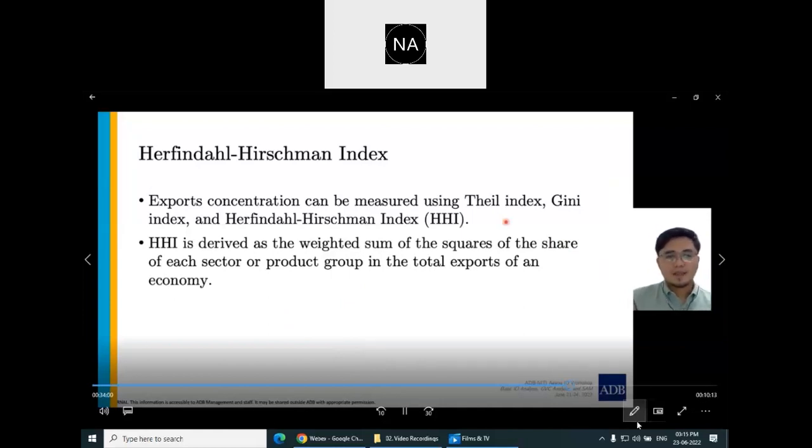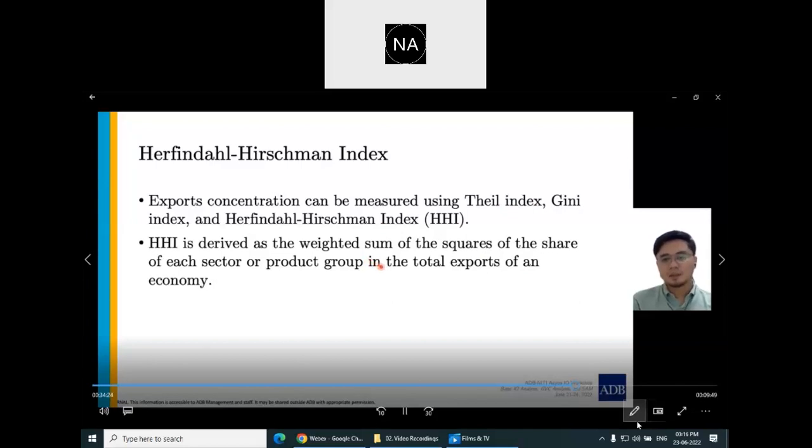There are several ways to measure exports concentration of an economy. These measures include the Theil index, the Gini index, and the Herfindahl-Hirschman index, or simply known as HHI. Of the three, HHI is most preferred by some researchers because of its computational simplicity.